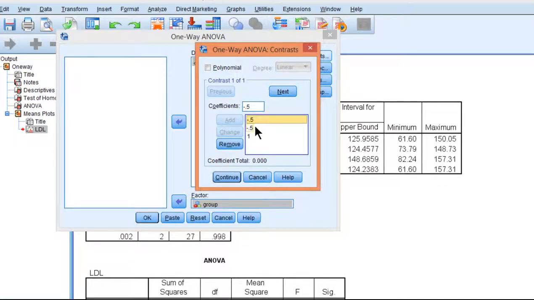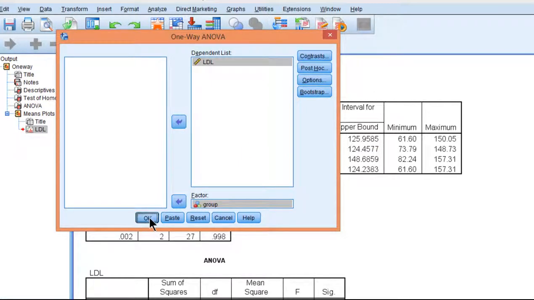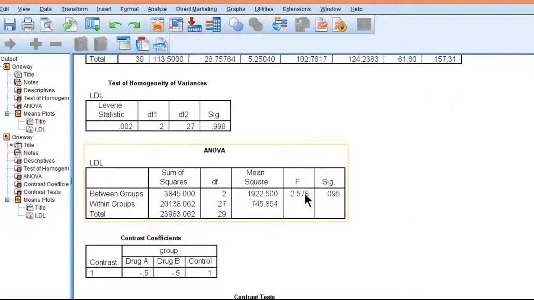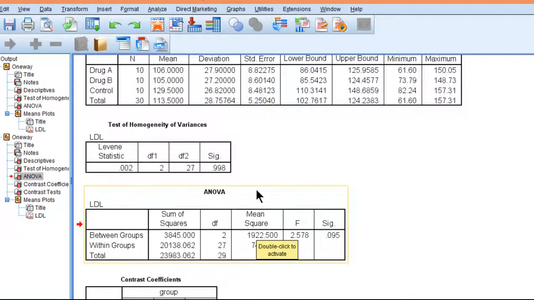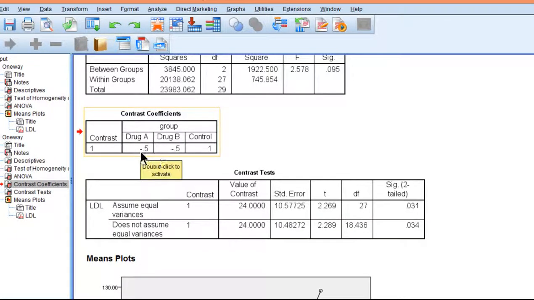So this non-pairwise comparison is saying if you combine drug A and drug B means and compare those combined means against the control group mean, do you get a statistically significant result? And the answer is yes, you do. Here's ANOVA producing this regular ANOVA table. We don't need to pay attention to that. Here are the contrast coefficients, negative 0.5, negative 0.5, and plus 1.